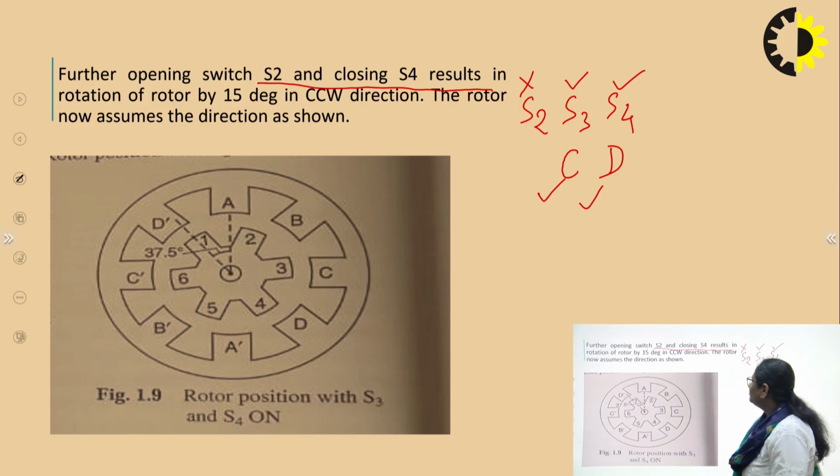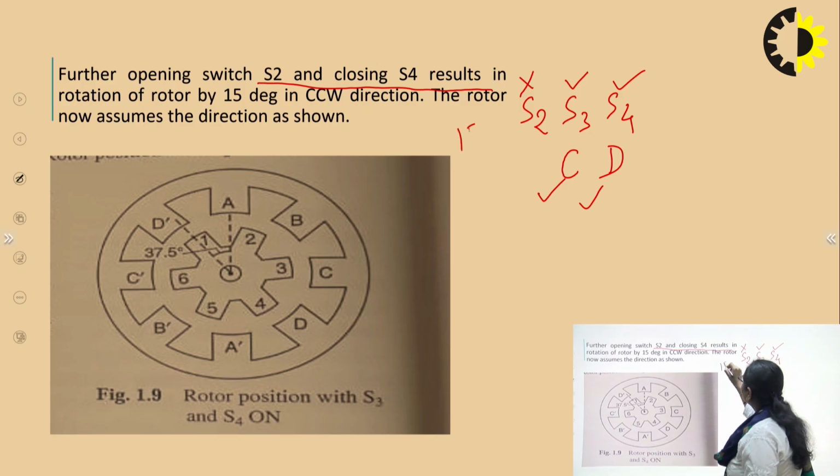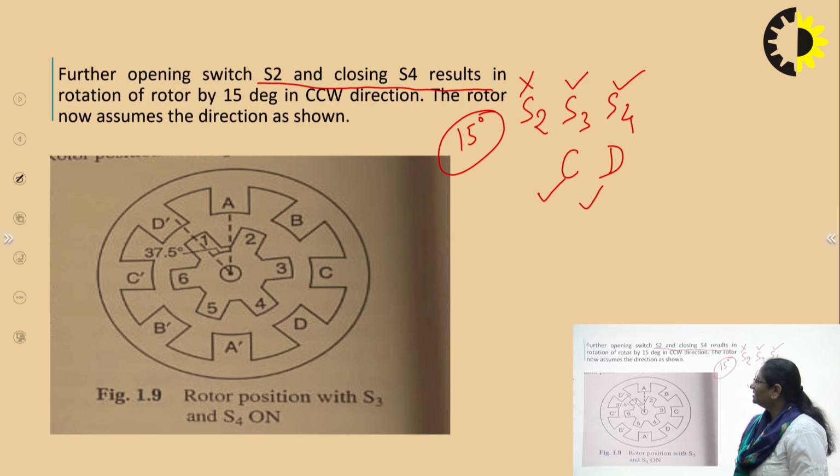So, the rotor further moves by an angle of 15 degrees, where 15 degrees is the step angle of the machine. You can very well see the rotation of the rotor and the intermediate position assumed by the rotor under this condition, and so on.